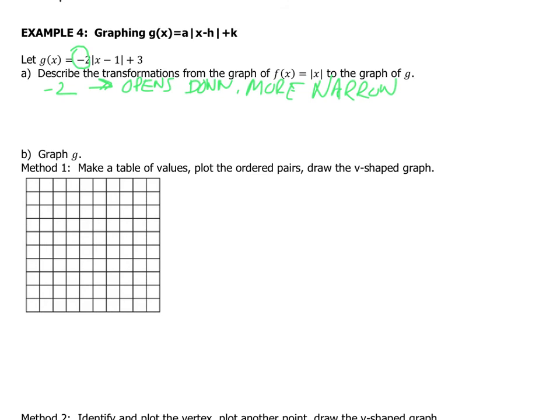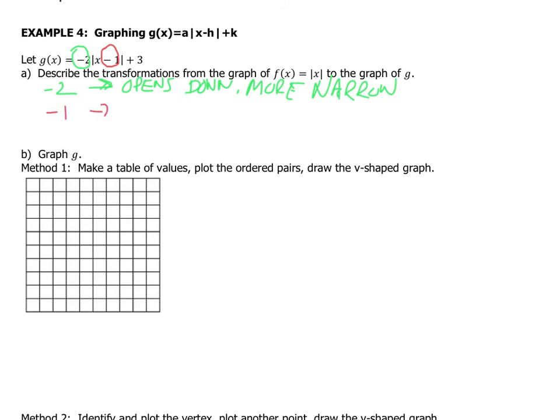Okay, so the negative tells me it's going to open down. The 2 being greater than 1, I know it's negative 2, but the 2 being greater than 1 means that it's going to open more narrow, so at a sharper slope than if it was less than 1 or if it was a 1. Then this number inside, the negative 1, what does that mean?